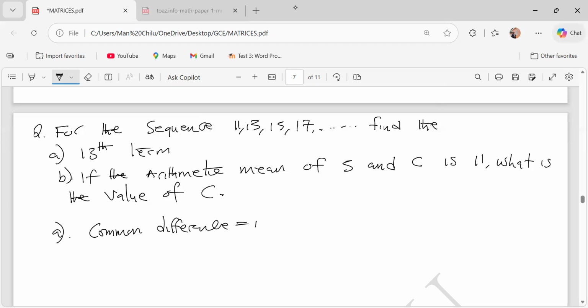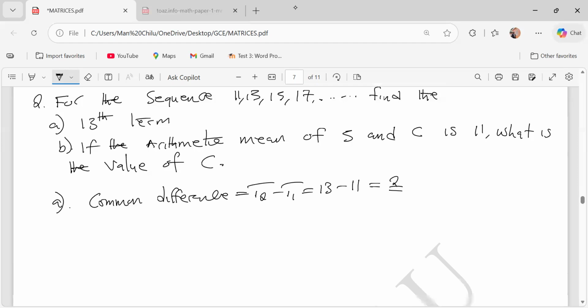Common difference will be equal to the second term minus the first term. So our second term here is 13, subtract the first term, which is 11. When we subtract, we have 2. So 2 is the common difference.